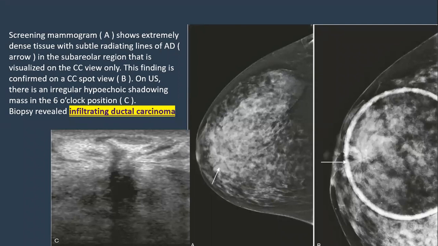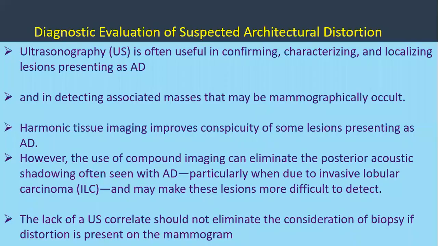Okay, so the diagnostic evaluation of suspected architectural distortions using ultrasound is very useful in confirming, characterizing, and localizing the lesion presenting as mammographic architectural distortions. And it might also detect an associated mammographically occult mass. See? And using harmonic imaging will improve the conspicuity of the lesions.